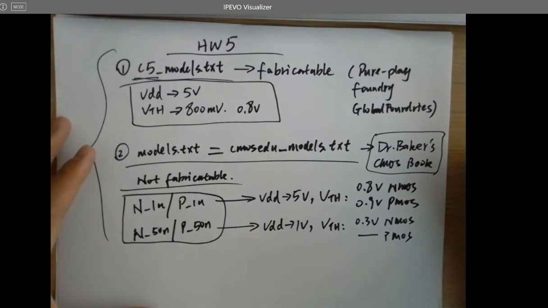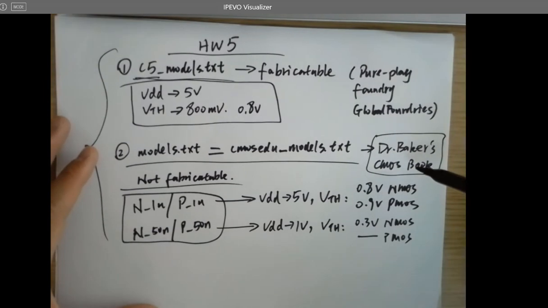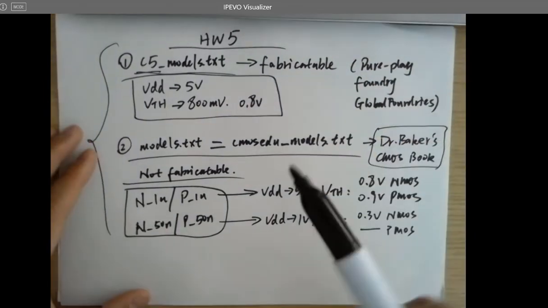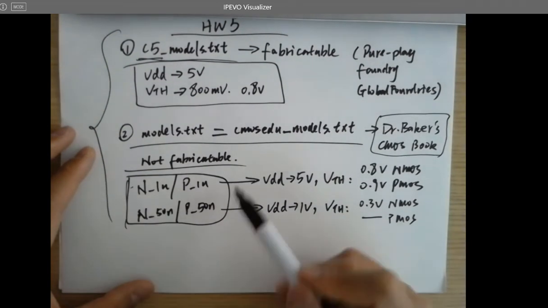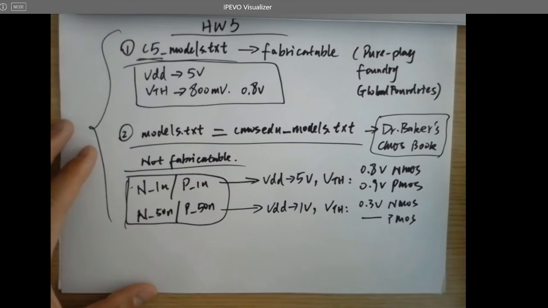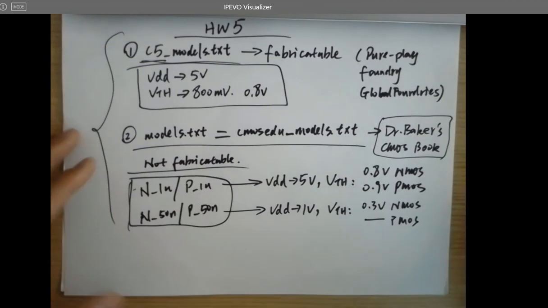So they are not supposed to disclose any of the details of C5. That's why it's not showing up in the textbook, and that's why these educational processes are used for simulations in the textbook. So you know the threshold voltages, the Cox values, mobilities, and pretty much everything about these transistors.